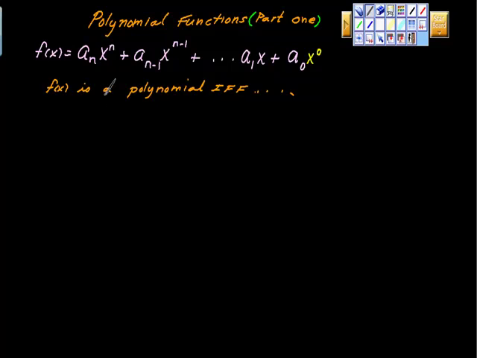So here, f of x is a polynomial if and only if the exponents are whole numbers. Can I have an example of whole numbers, please?